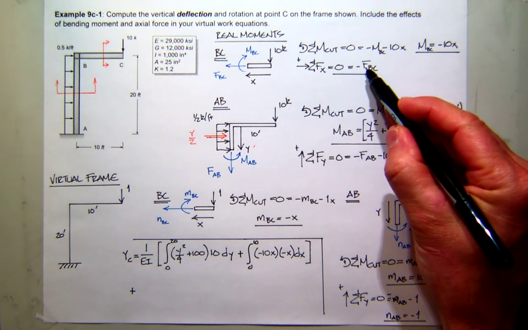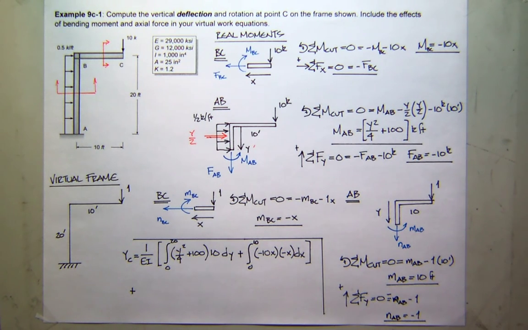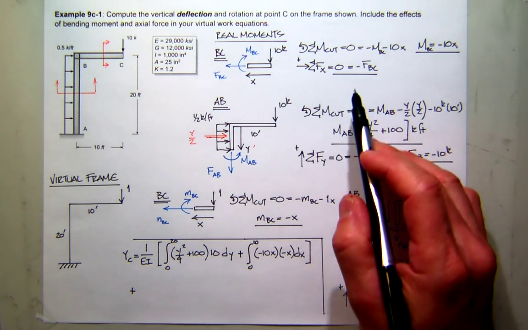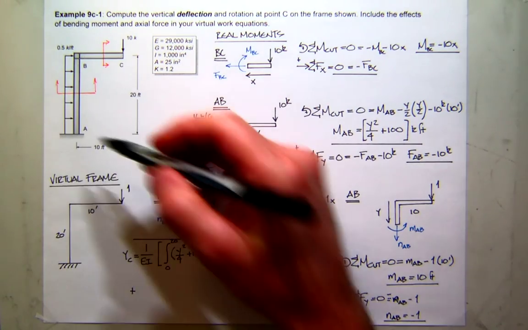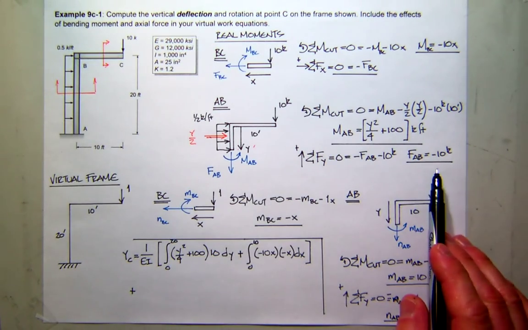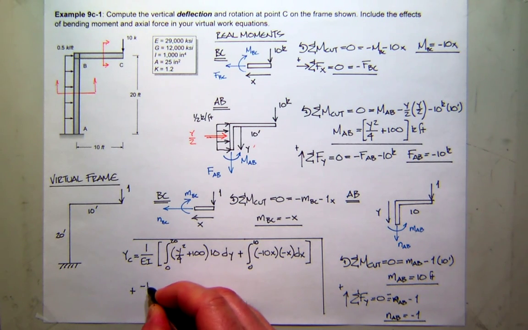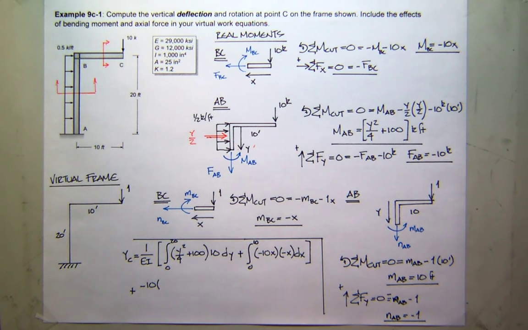The real force times the virtual force times L divided by AE. Well, what's the force in segment AB? The real force is minus 10, and the virtual force is minus 1.